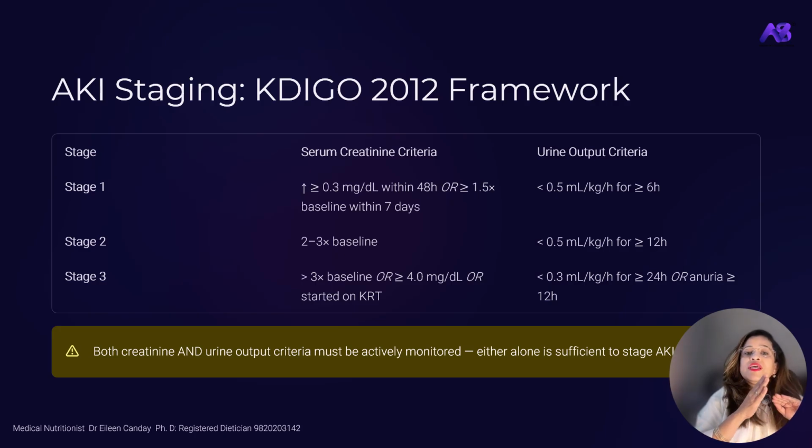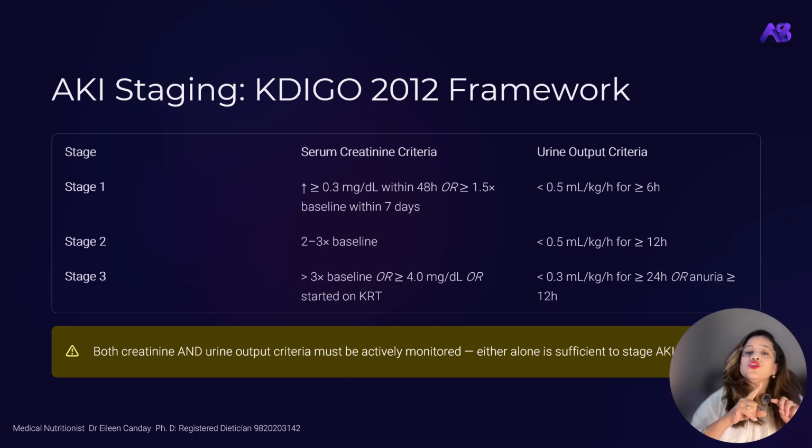In stage 3, that is severe, the creatinine is more than 3 times the baseline, and it reaches 4.0 mg per deciliter, or the patient has already started on kidney replacement therapy, and the urine output is below 0.3 ml per kg per hour for 24 hours, or there is complete anuria for 12 hours.